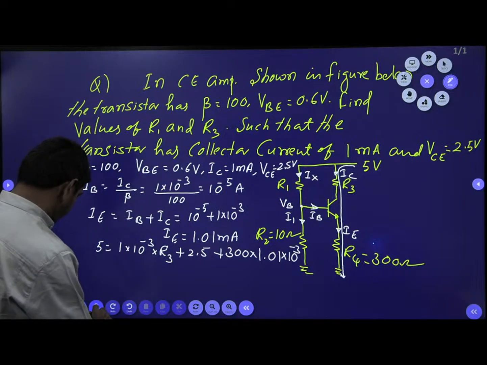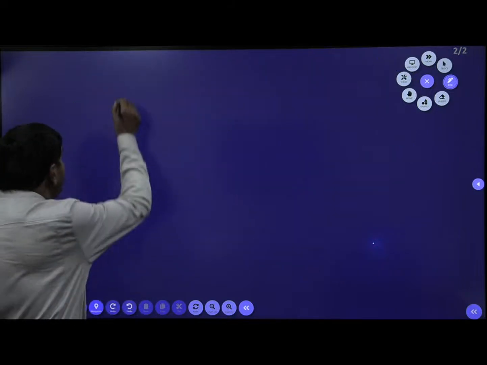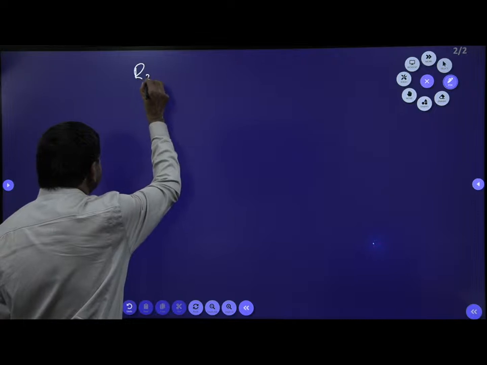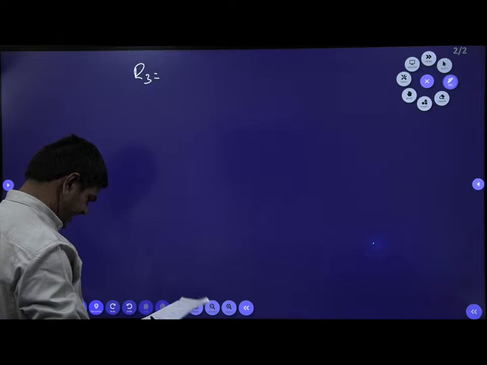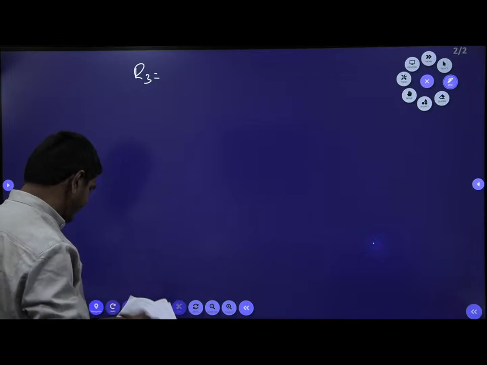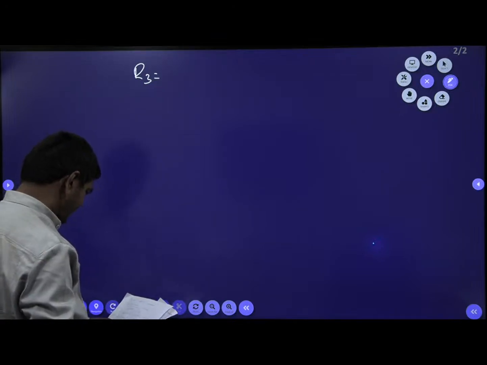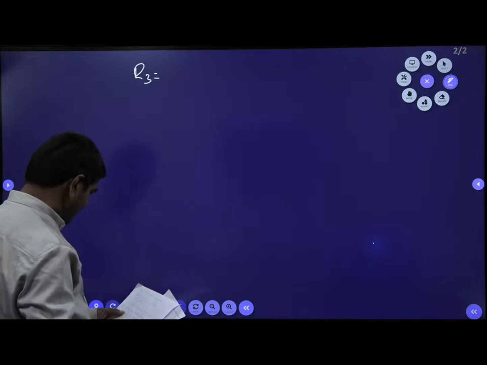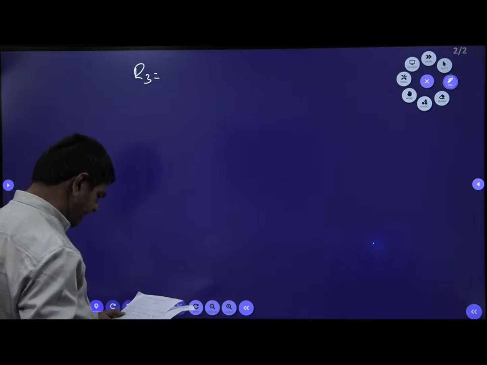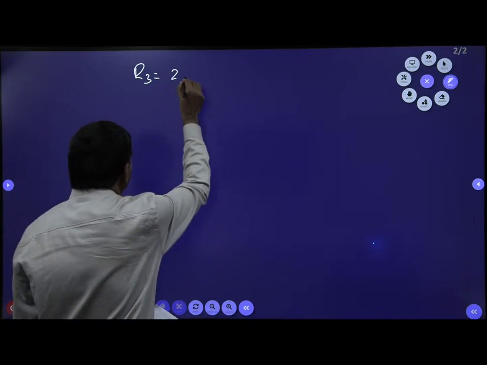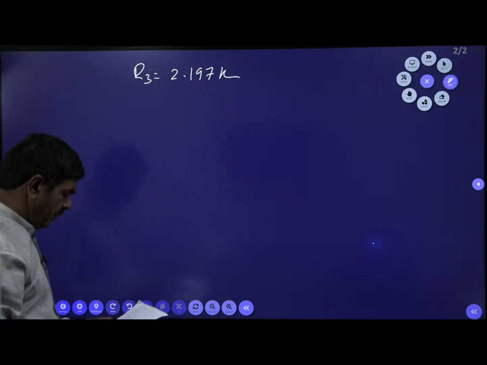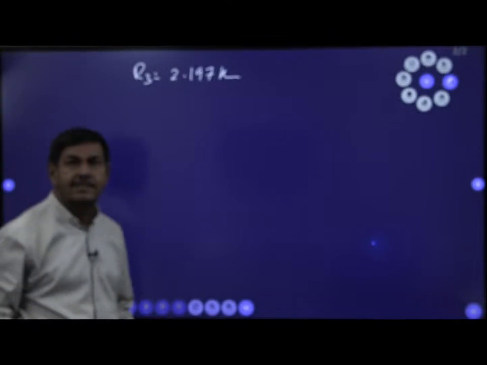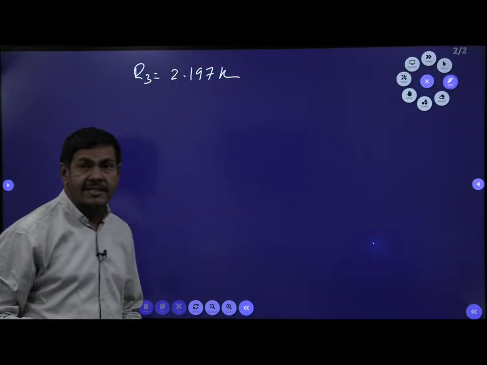R3 comes as 2.197 kilo ohms mostly. That is the value of R3.